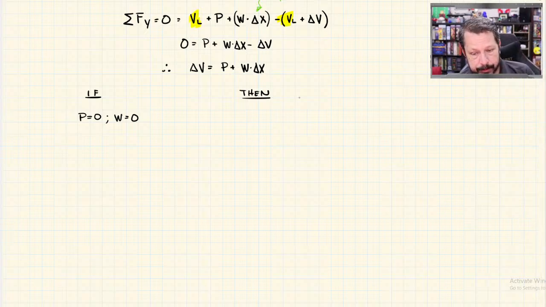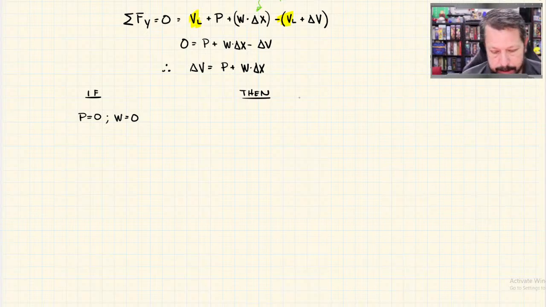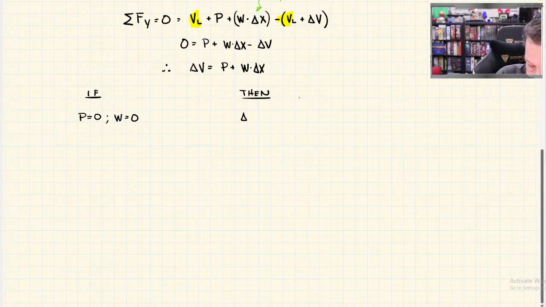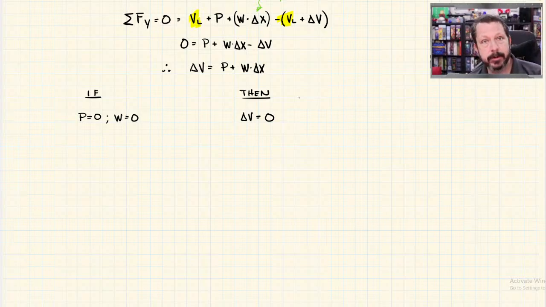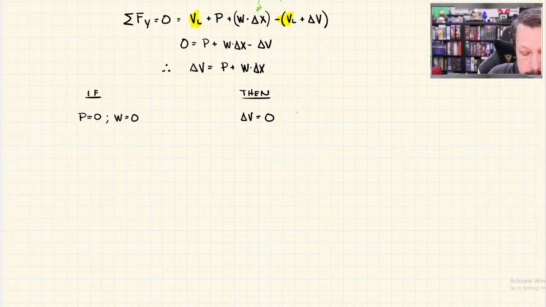If that's true, then my equation would say delta V equals 0 plus 0 times delta X. It would say delta V equals 0. And we have to remember delta V is not shear, it's the change in shear. So it doesn't mean that the shear force is equal to 0. It just means there's no change in the shear force in whatever section where P and W are both 0.